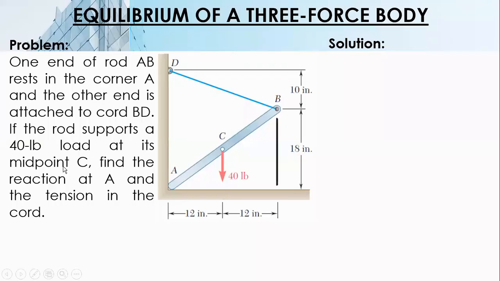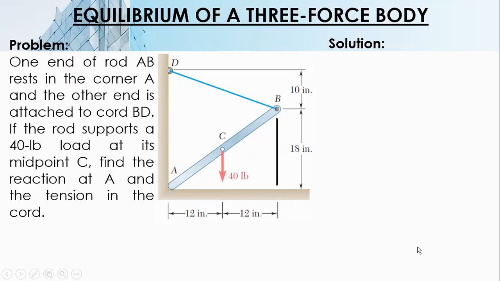Okay. First problem. One end of rod AB rests in the corner A, and the other end is attached to cord BD. If the rod supports a 40-pound load at its midpoint C, find the reaction at A and the tension in the cord.